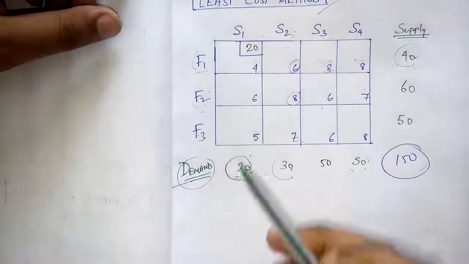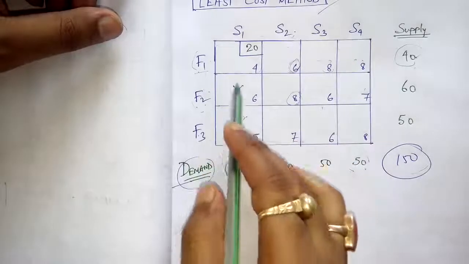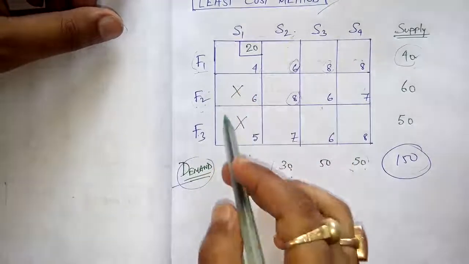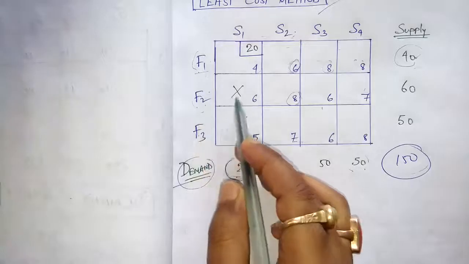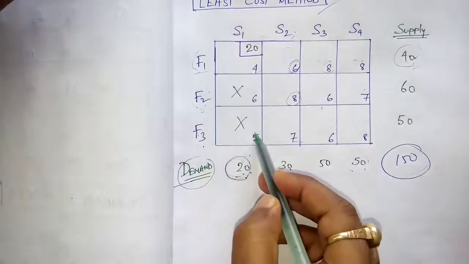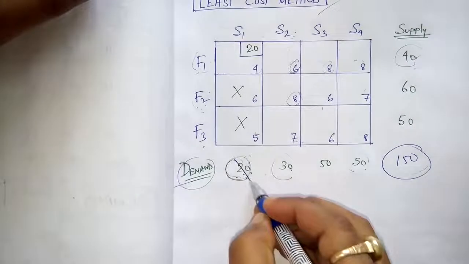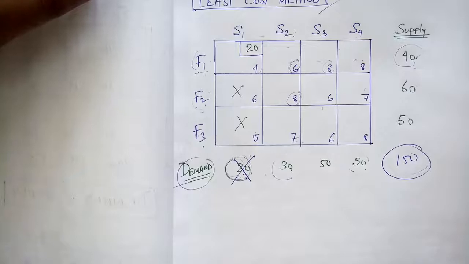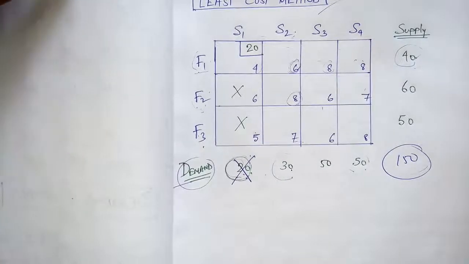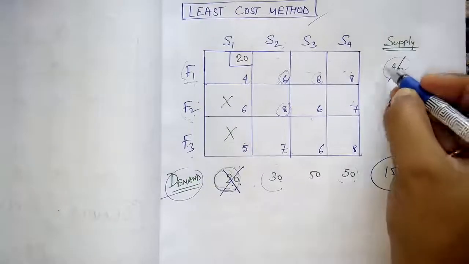Okay, and these boxes I will cross. Why? Because the demand is already fulfilled, so I will not supply any goods from factory 2 to store number 1 and from factory 3 to store number 1. Also don't forget to write the balance.